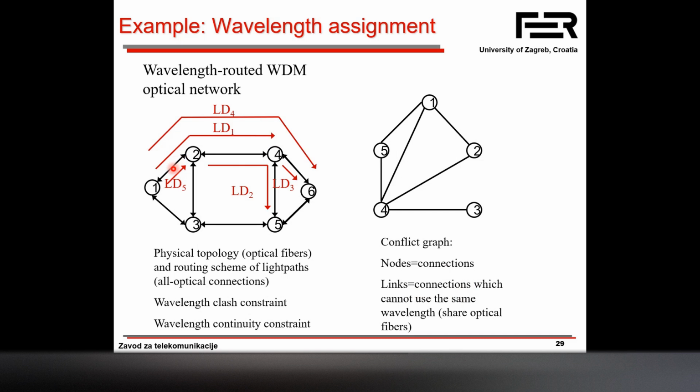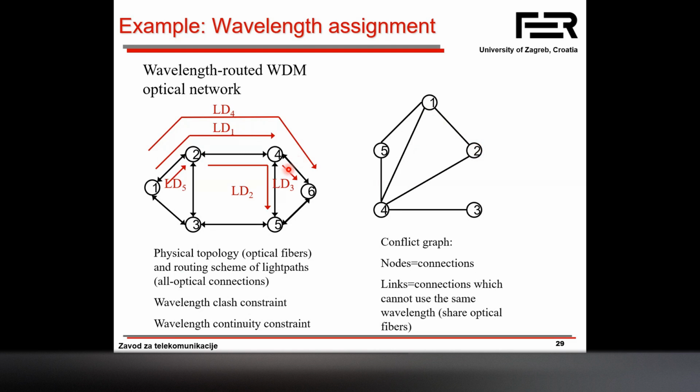So for example, if 1 and 5 are using the same physical link, for example here, then they will be connected here. We see that 1 and 4 are also using the same link, therefore they will also be connected. Light path 1 and light path 2 also use a joint physical link, therefore we also connect those two nodes.